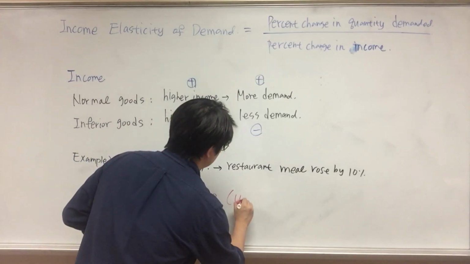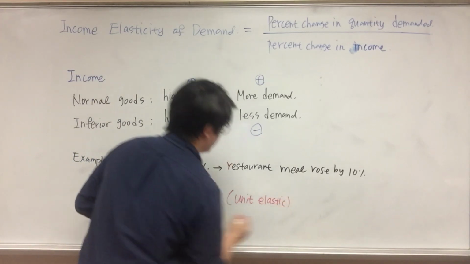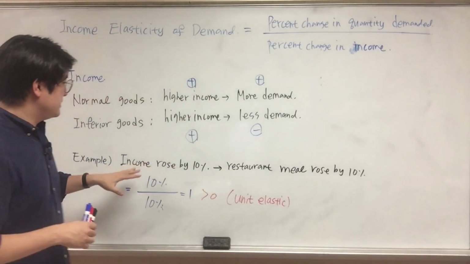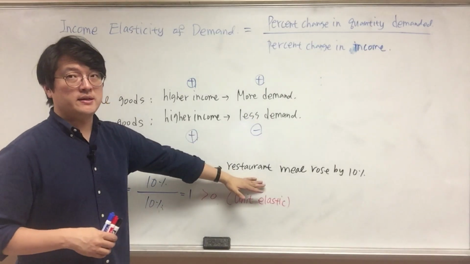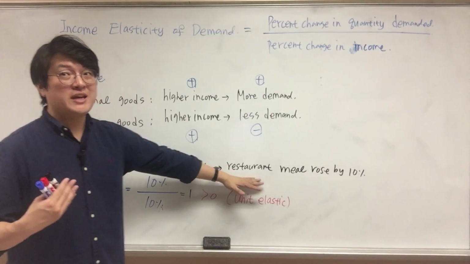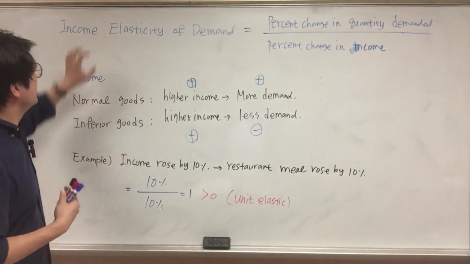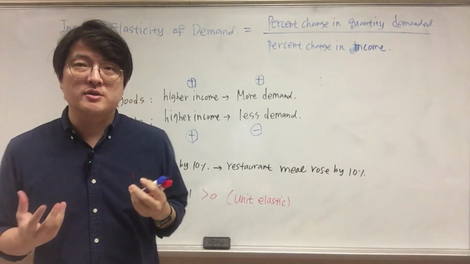Since the restaurant meal is a normal good, we have the same directions, so we have a positive value of income elasticity of demand. Any questions about this?